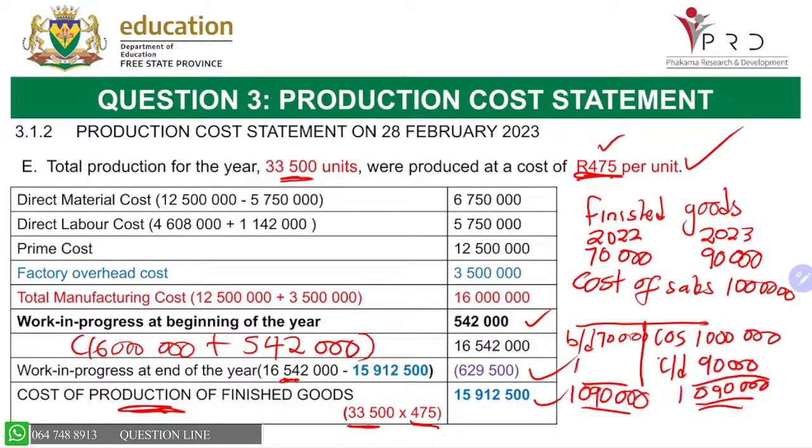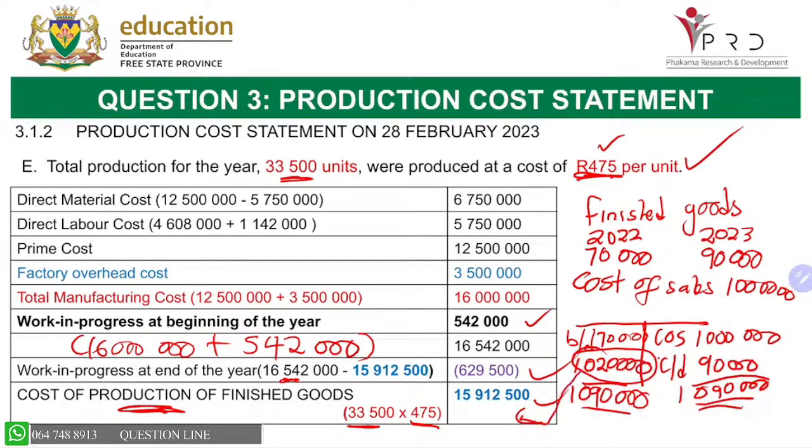Then we get 1,020,000. So this 1,020,000 may become our cost of production of finished goods. So if you don't do it using the produced units, you can do it using the finished goods. Otherwise, you may do it using the bottom-up format.